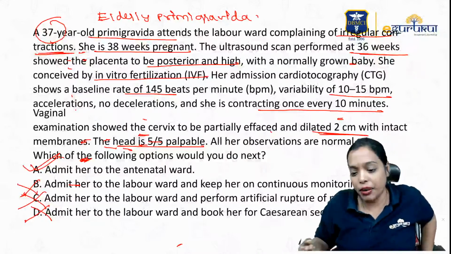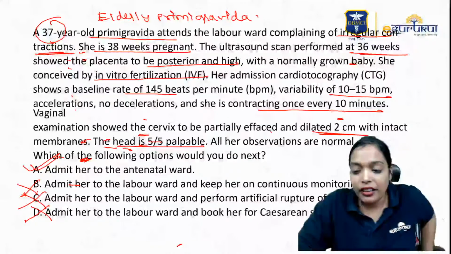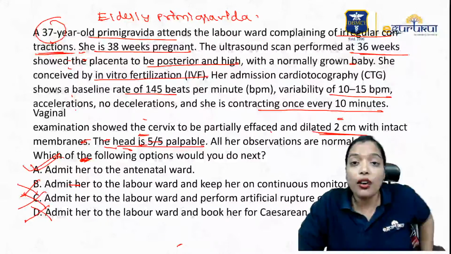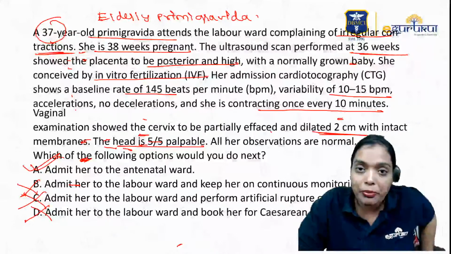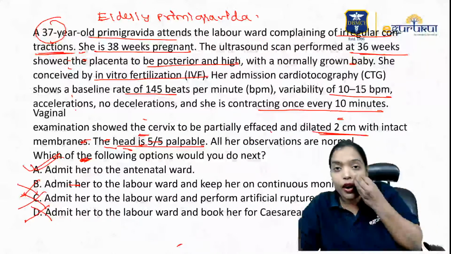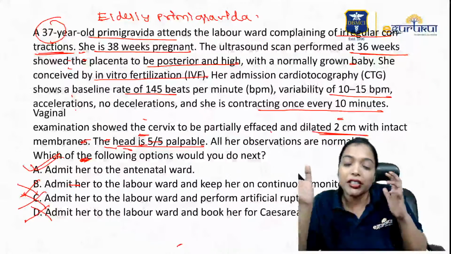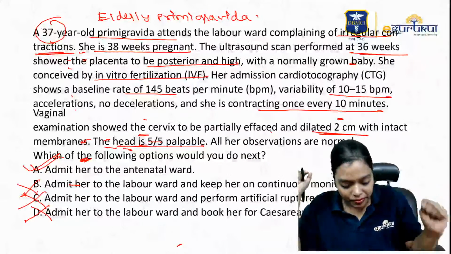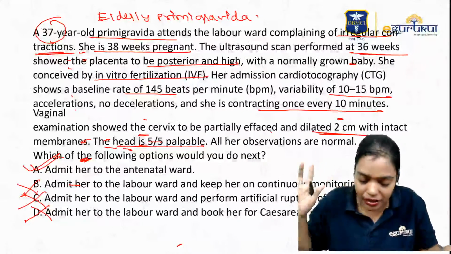If suddenly her membranes rupture, then there can be risk of cord prolapse. So ideally you will not admit such patients into the labor room or the ward. But this patient I am admitting because she is a precious pregnancy. Okay, understood, guys?